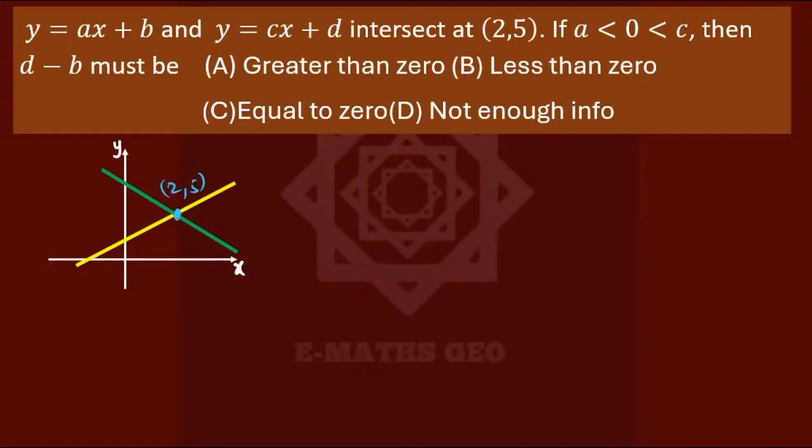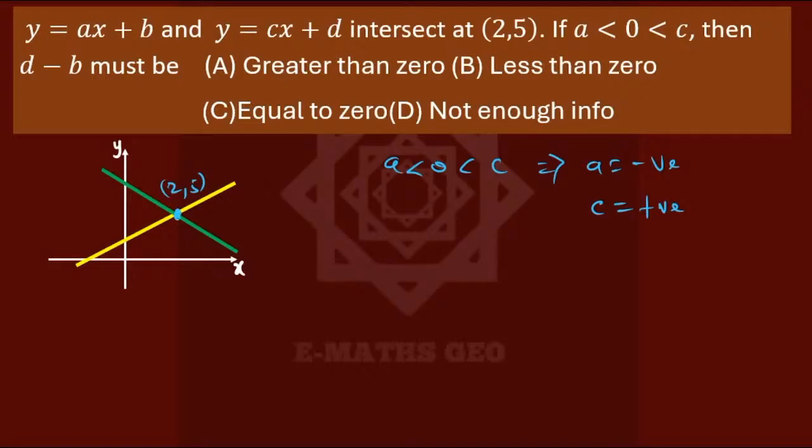What do you observe? They said a is less than 0 is less than c, which implies that a is negative while c is positive. So the slope of the first line is negative.